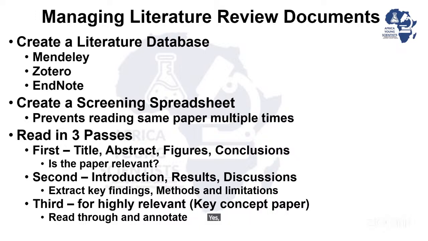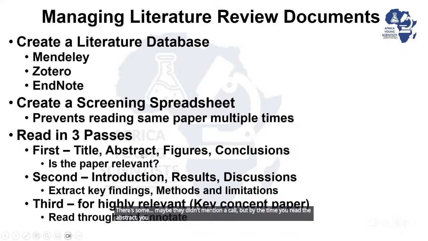Yes, alcohol too is addiction, but because you are not focusing on alcohol, you are focusing on something else. So based on the title, you'll have screened some papers away that are not relevant to what you're looking for. Maybe they didn't mention alcohol, but by the time you read the abstract, you see that what they did is just alcohol.